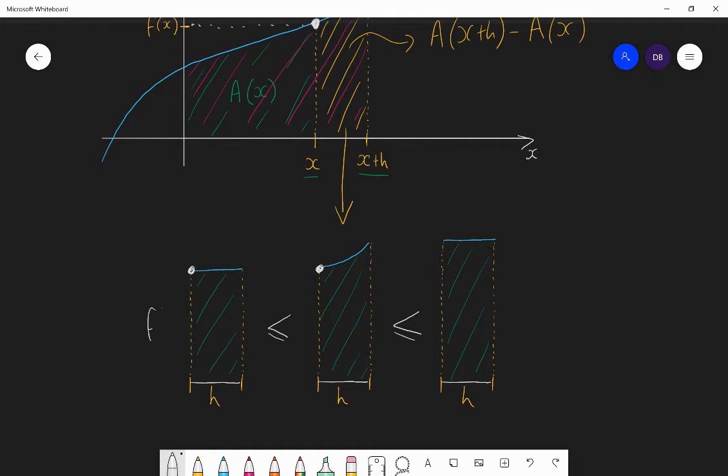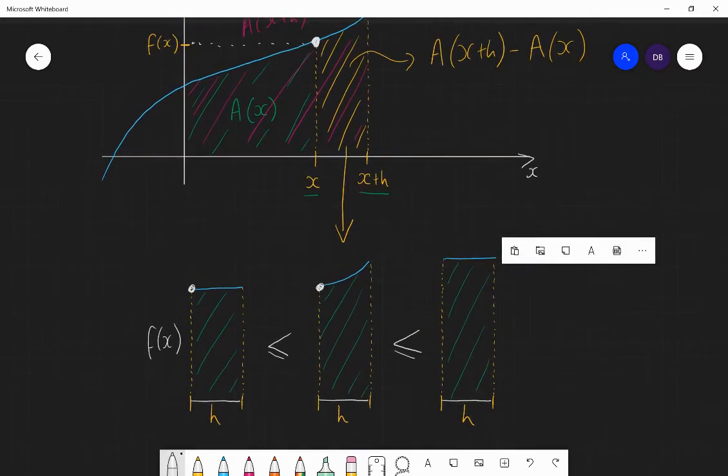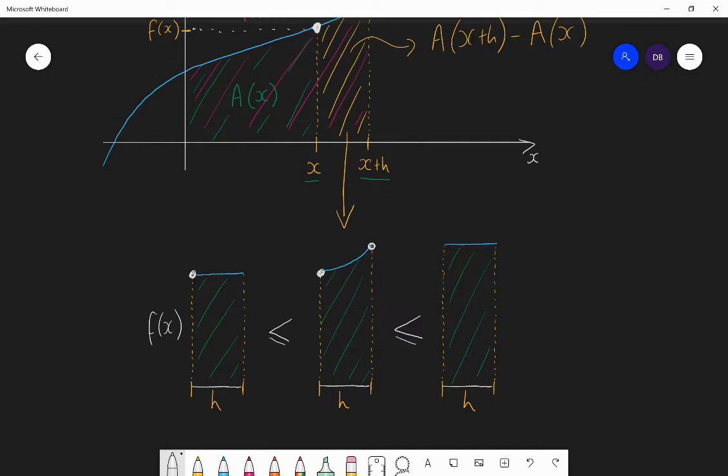So the area of that rectangle is h times f of x. Our area that we want is definitely bigger than that. And it's also smaller than the area if we take a rectangle with the top y value.